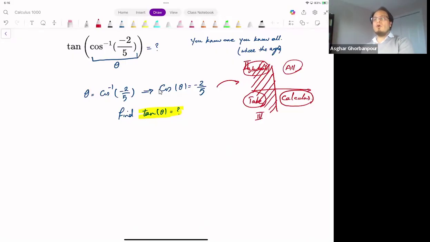Well, actually, we know more than that. Can anyone say how we can choose between which quadrant? Are we going to go to the second quadrant or the third quadrant? There is an answer already there. Can anyone mention it?